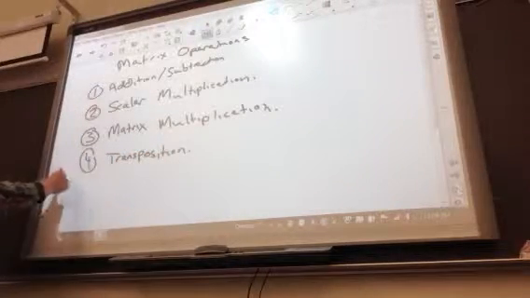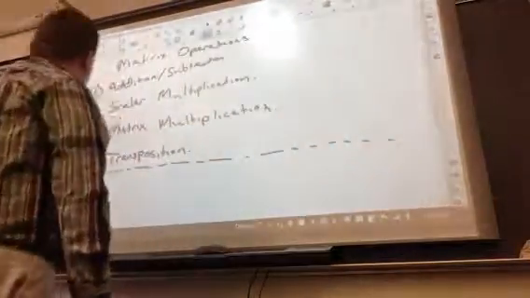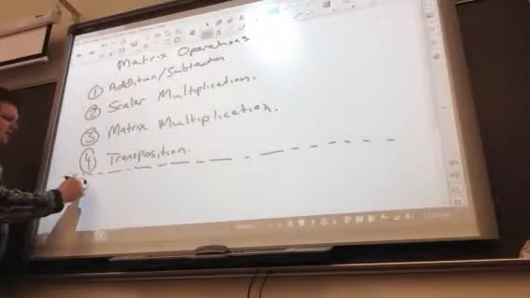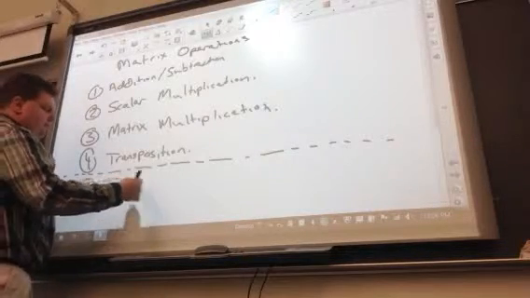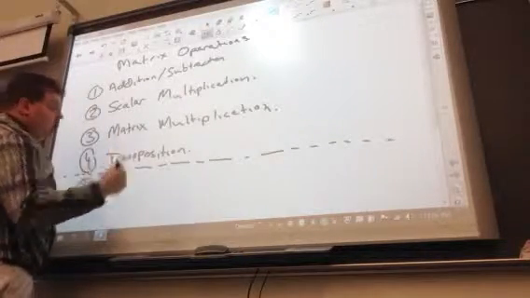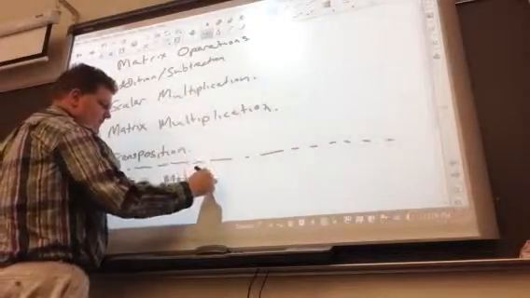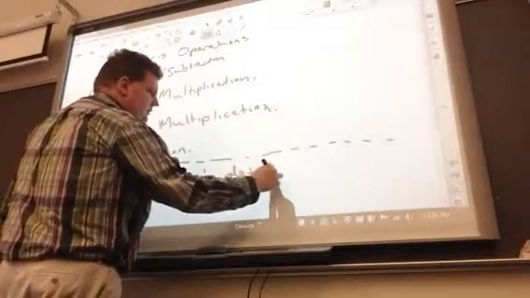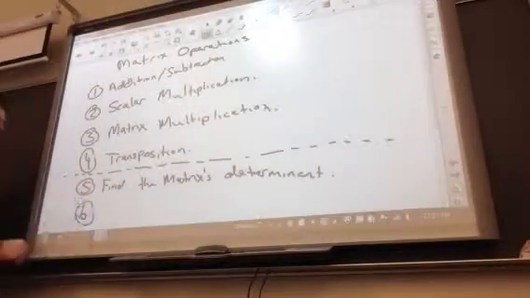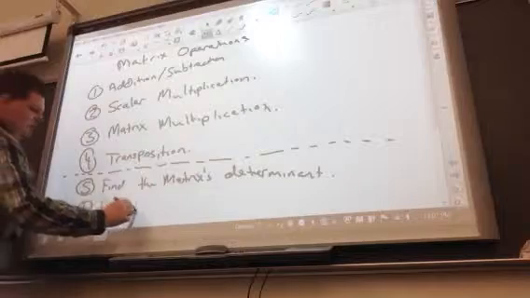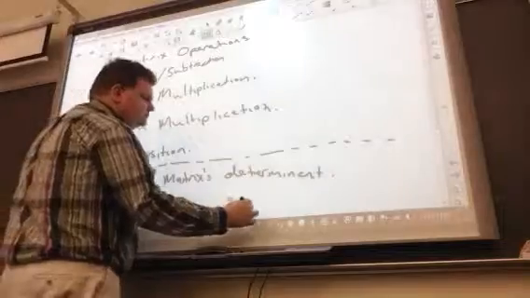And then two others. These aren't operations, but there are things you do with a matrix, things you find out about a matrix. The first one is finding what's called the determinant, and the last one is finding the inverse of a matrix.